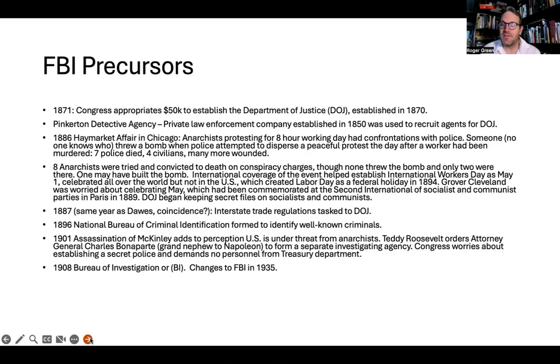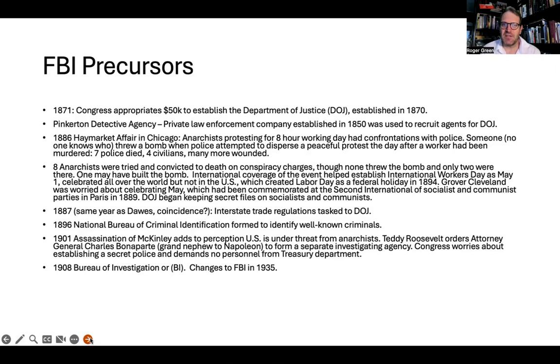That the Department of Justice wasn't even established until 1870, and then it gets allocated funding. The Pinkerton Detective Agency was a private law enforcement company that was established in 1850, and it was used to recruit agents for the new Department of Justice.